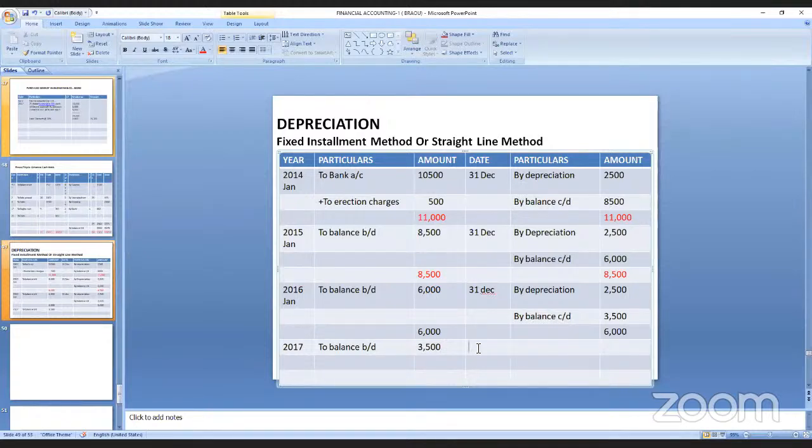Then 31st December, by depreciation, how much? 2,500. The next, by balance carried down. How much?